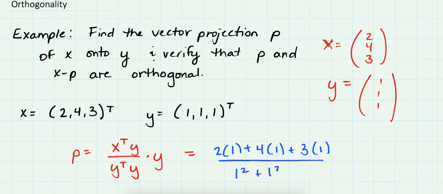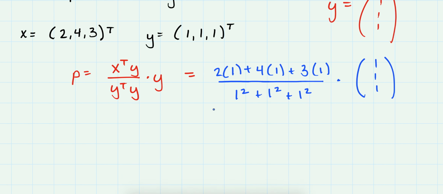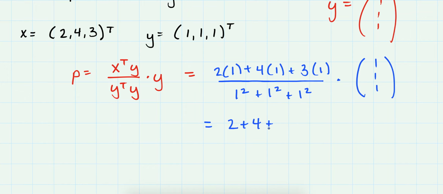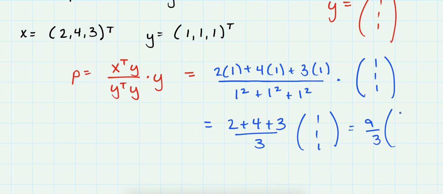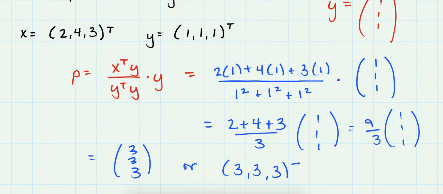It's 1 squared plus 1 squared plus 1 squared, and multiply it by the vector y, 1, 1, 1. Okay, what am I left with? This is 2 plus 4 plus 3 over 3, times 1, 1, 1. Looks like I get 9 over 3, times 1, 1, 1, which is just the vector 3, 3, 3. Or you can write it like this. If you don't want to take up so much space, you can just write it as the transpose.